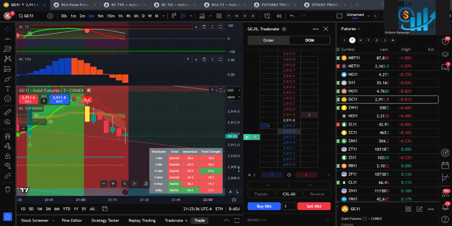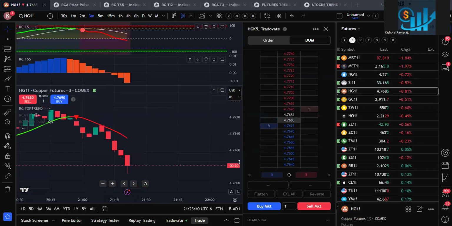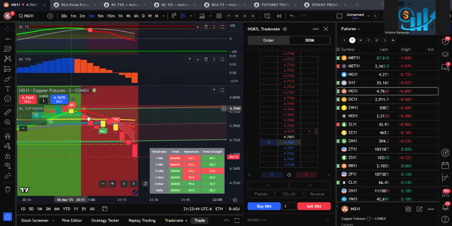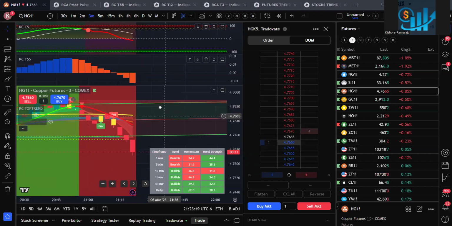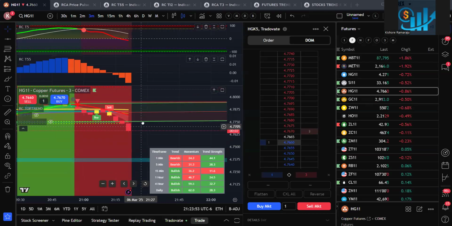Same thing with copper. We got a sell, but it immediately turned red. Then this is red. This is red. It can come much further also.